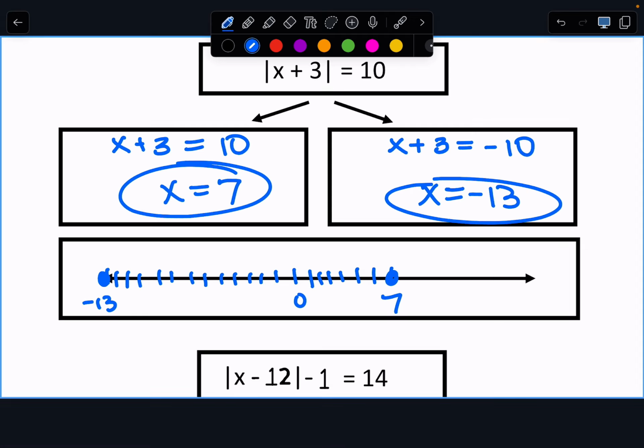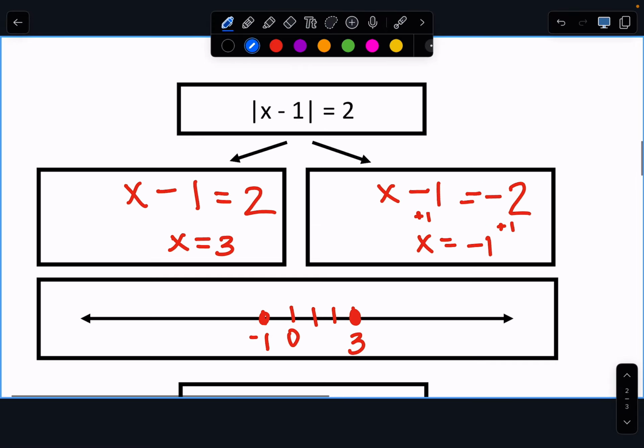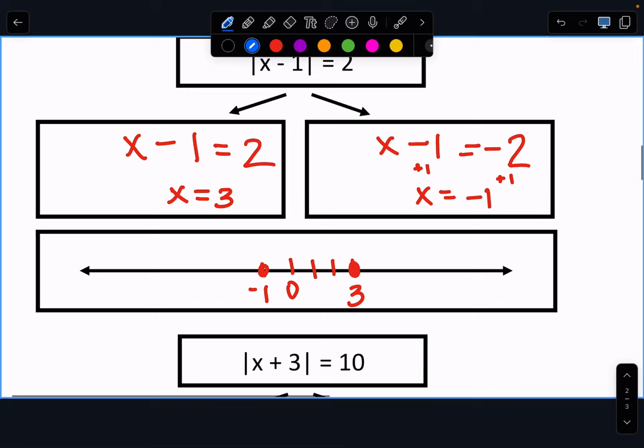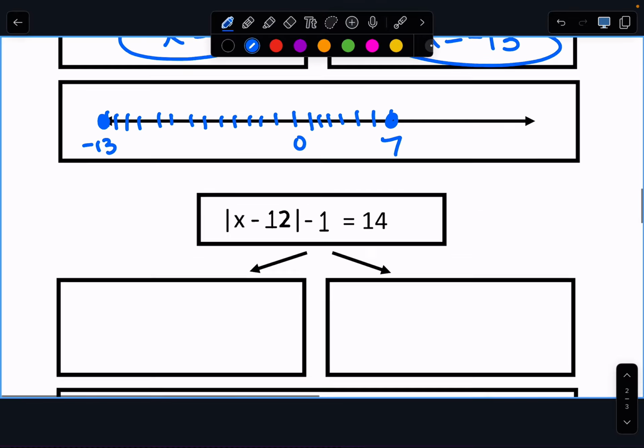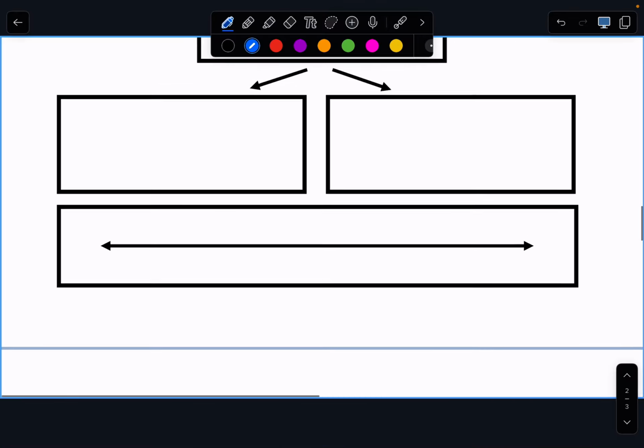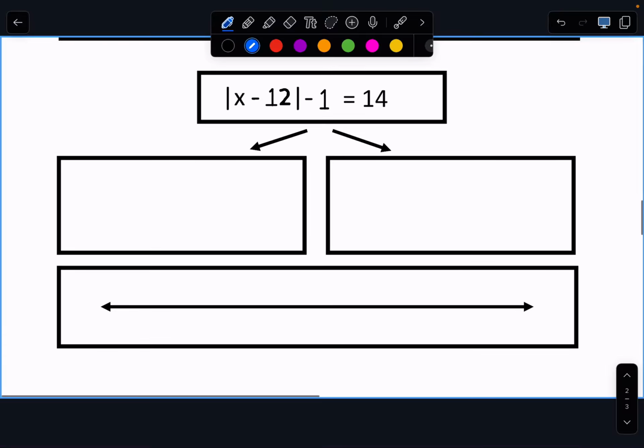Now, these were nice because the absolute value was isolated. Do you notice here how the absolute value is not isolated? This is like a brick wall, guys.